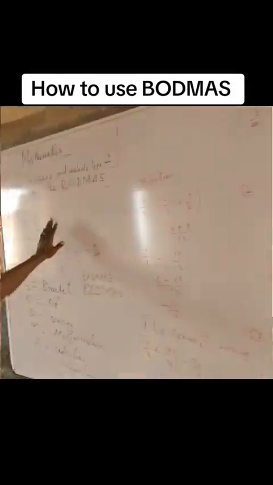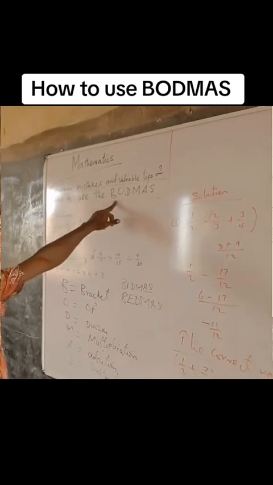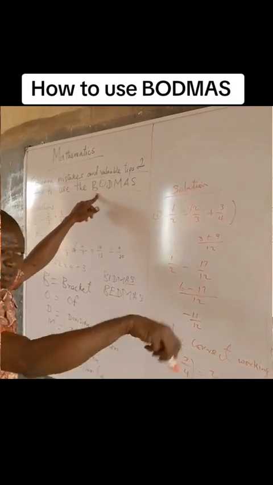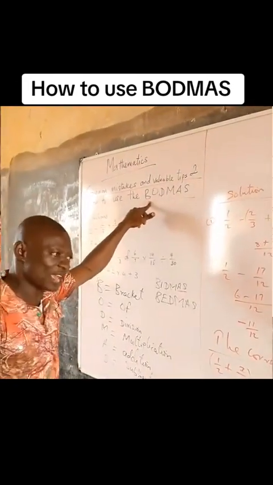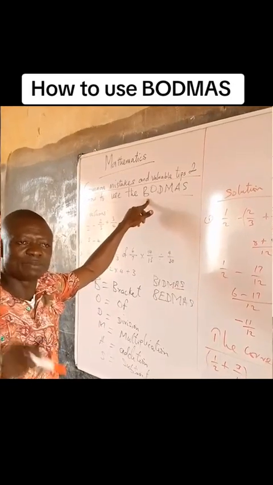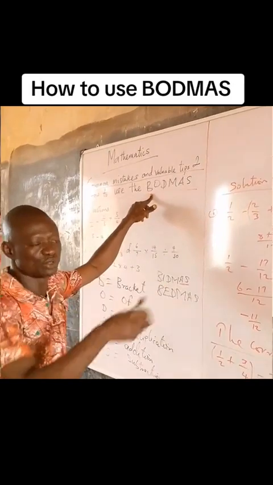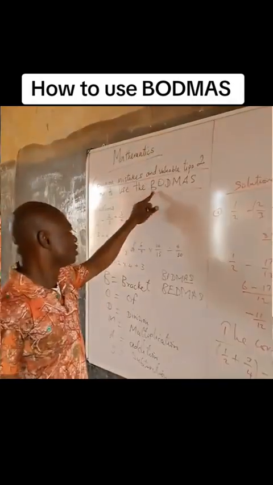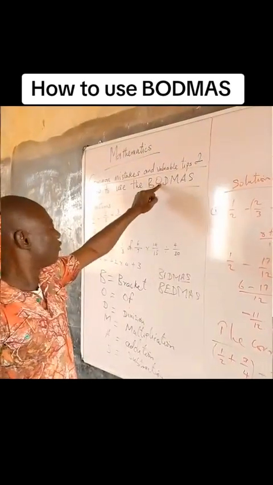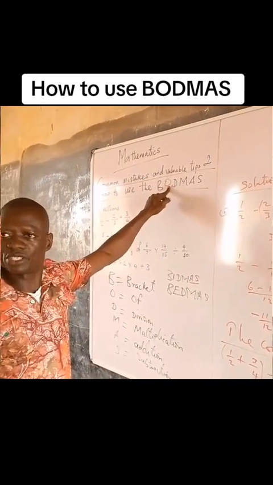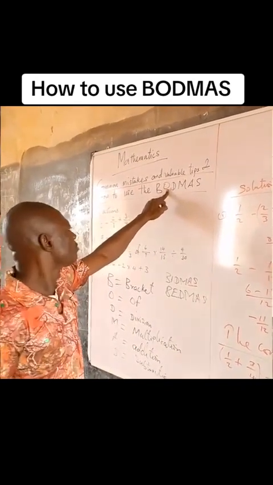BODMAS says bracket should be treated first. In this question, we don't have a bracket. And we cannot go there and put a bracket by ourselves. Bracket here means a bracket that is in the original question given to you, not one you just introduced by yourself. And so, there are no brackets. What of of? There's no of. This preposition OF, we don't have it there. What of division?